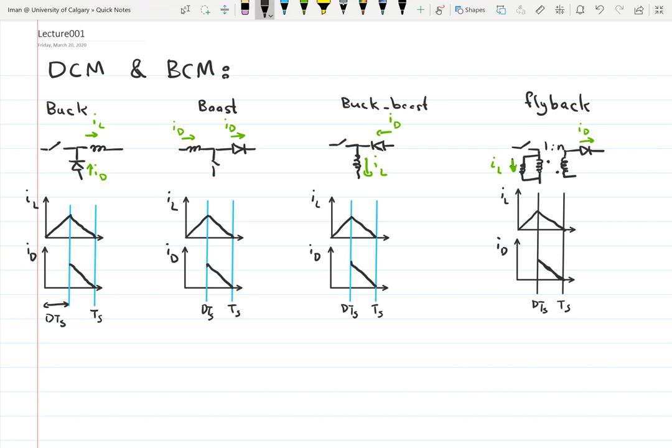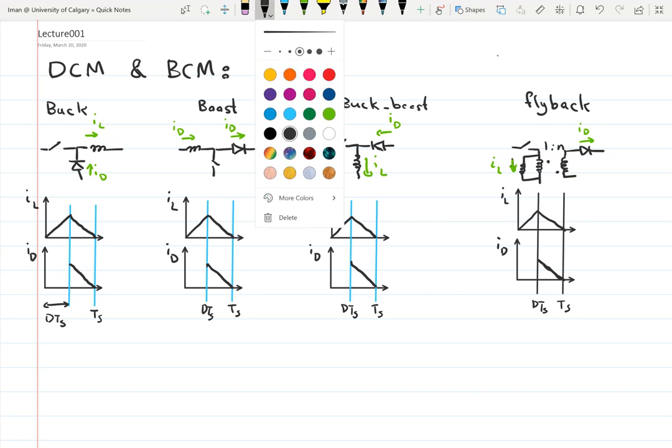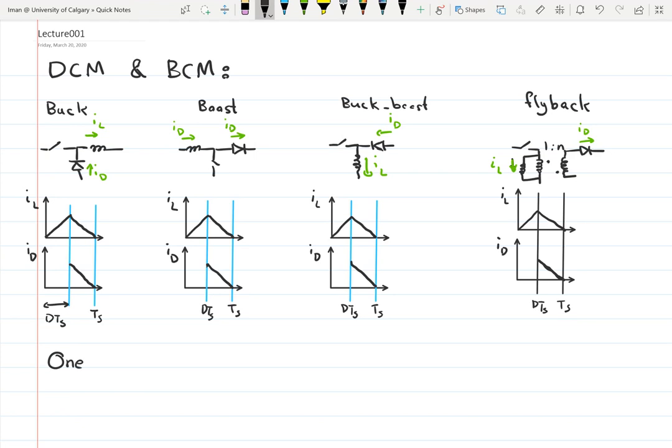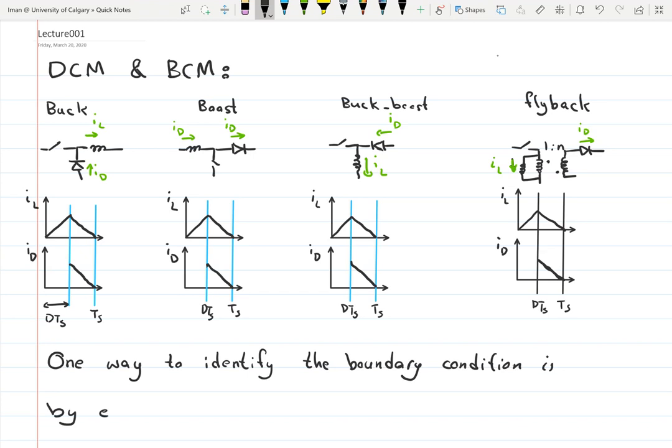So one way to identify the boundary is by evaluating these figures.